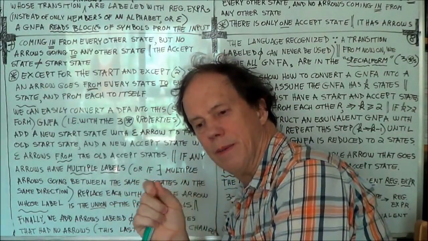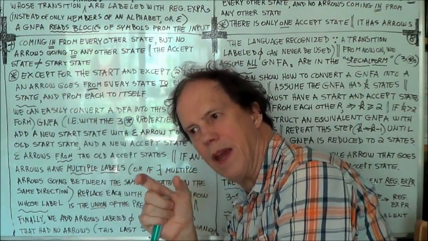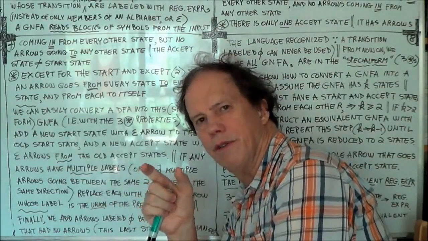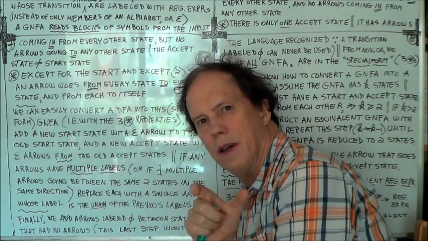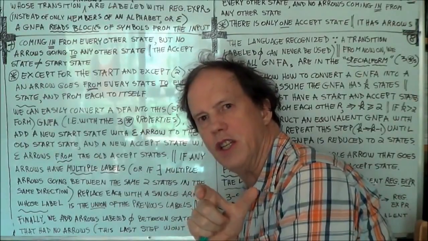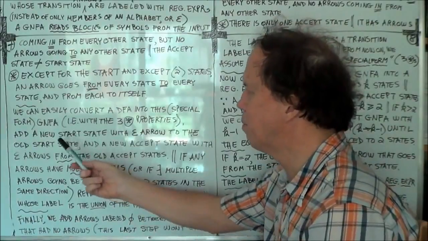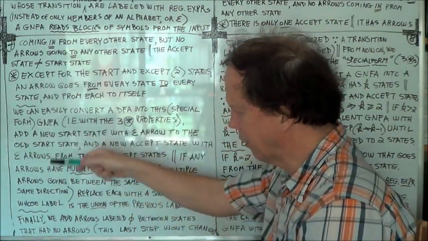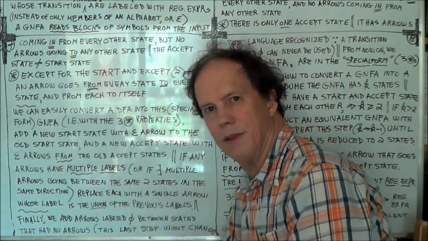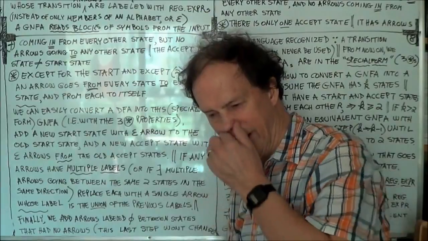But what we're going to talk about now is how do you convert a DFA into its corresponding GNFA? How do you do that step? And he says it's pretty simple, and there's no diagram to show how it's done, just words. So I didn't bother drawing one either.